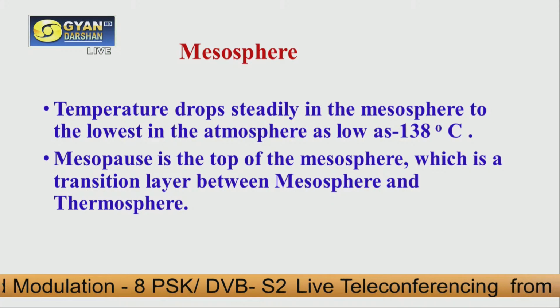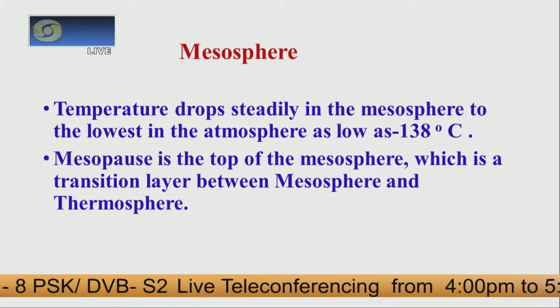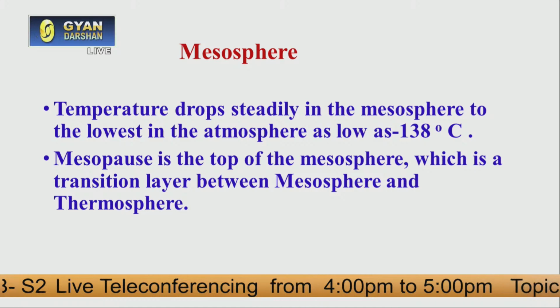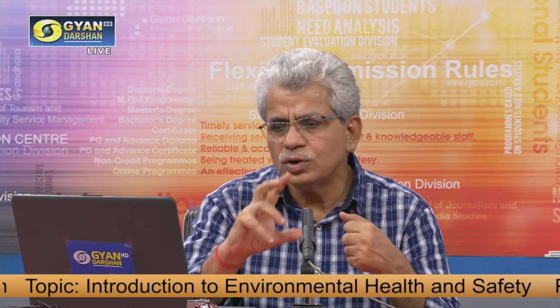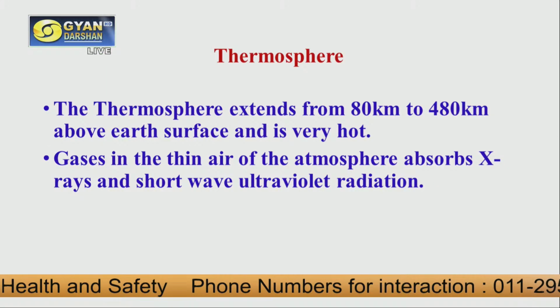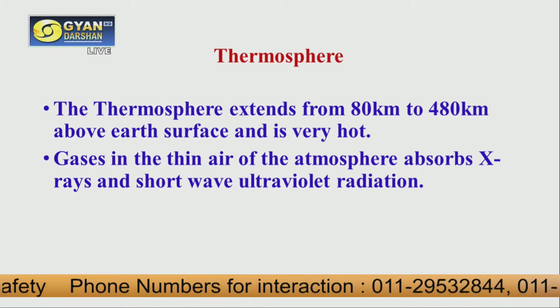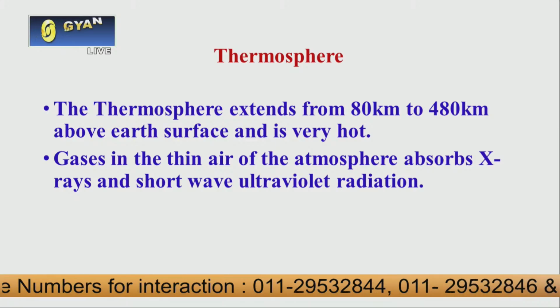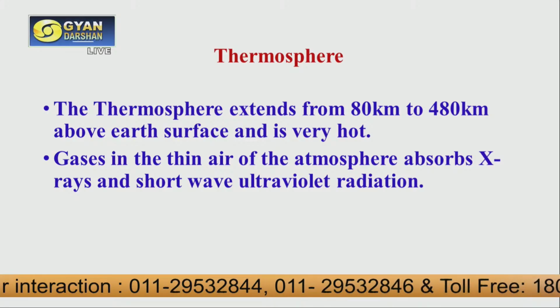The mesopause is the top of the mesosphere. Here the line between the mesosphere and the thermosphere is the mesopause, which divides the two zones, or the two layers of the atmosphere. Then comes the thermosphere. The depth range of the thermosphere is 80 kilometers to 480 kilometers.